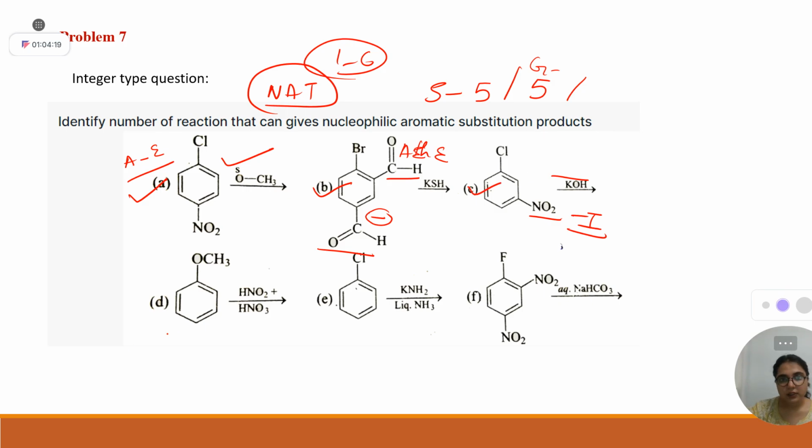D, this is not electrophilic aromatic substitution, it is nucleophilic aromatic. E, yes, it can go through benzyne mechanism. F, which mechanism will operate? Type 1. Very good. So the correct answer is 5. Very nice.